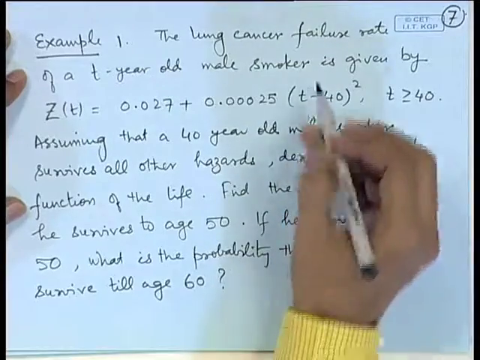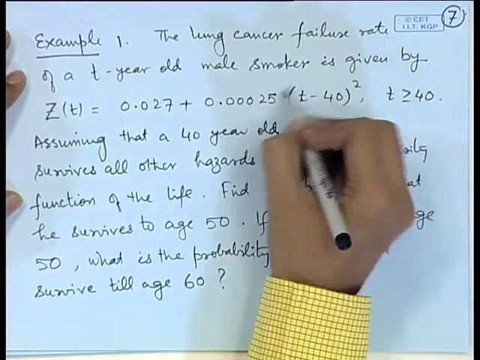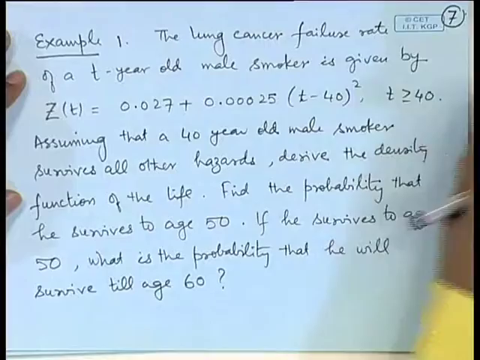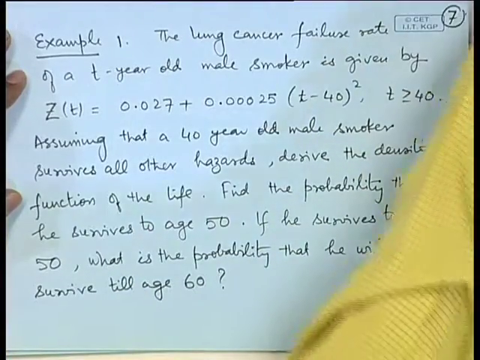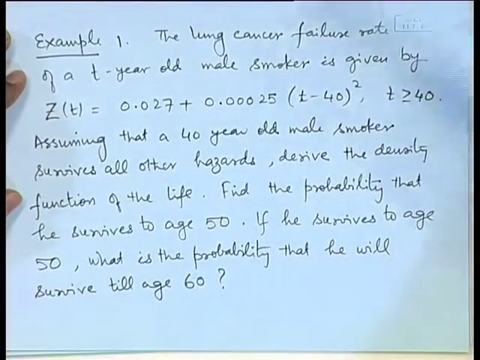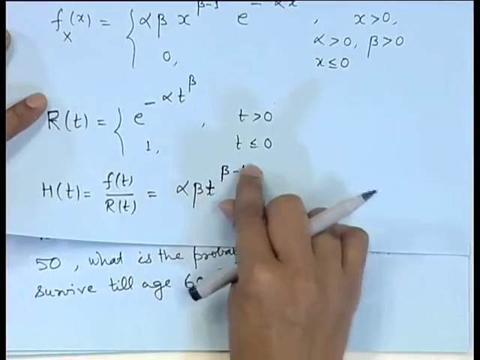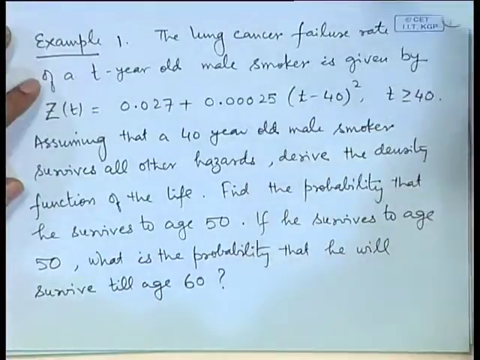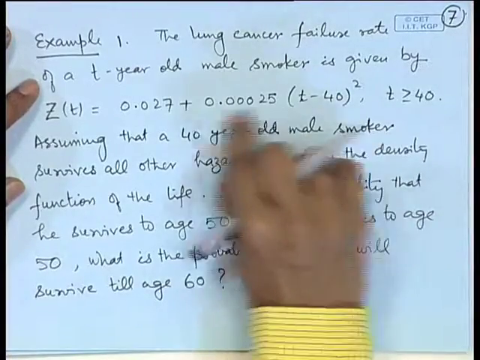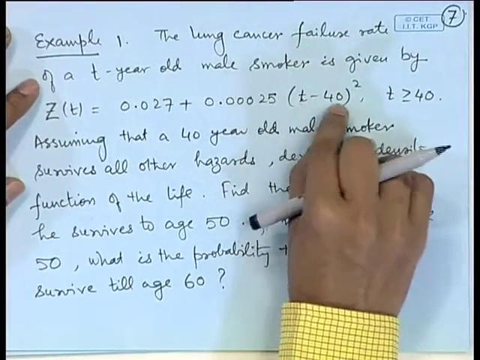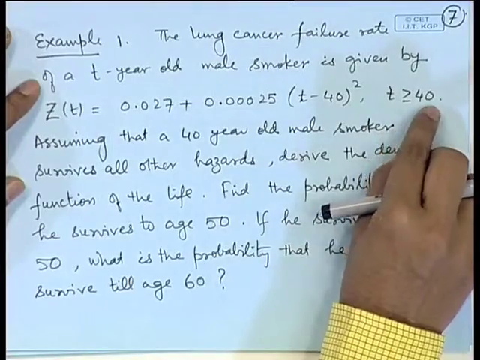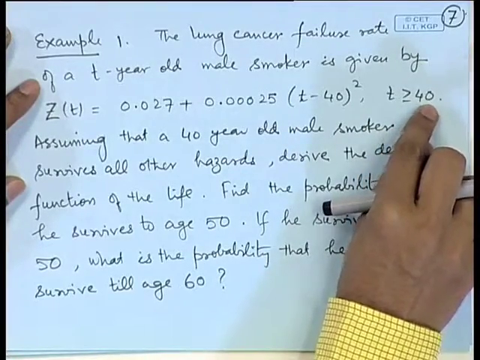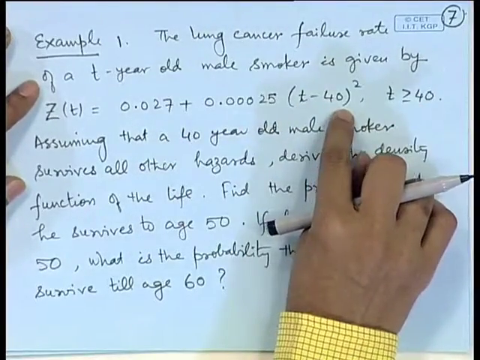So, this is a shifted Weibull distribution kind of thing, because in the Weibull distribution we have seen the hazard rate function is given by alpha beta t to the power beta minus 1. That means, starting from time 0. Now, if you compare it with this, here it is shifted, t minus 40. So, we are assuming that the person is already 40 years old. After that, the hazard rate function is given by this.